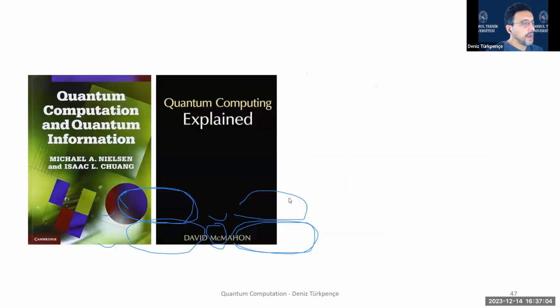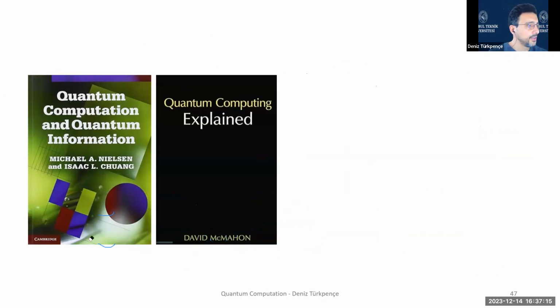Okay, and finally, this was all for our two-day course. And I would like to advise you some resources. Here, the usual book of quantum computation written by Nielsen and Chuang, just like the holy book of quantum computation. And I have another special offer to you by David McMahon. This is the book with worked examples.